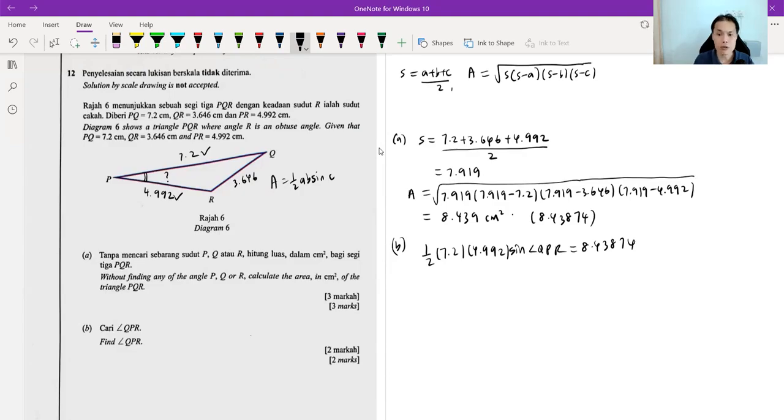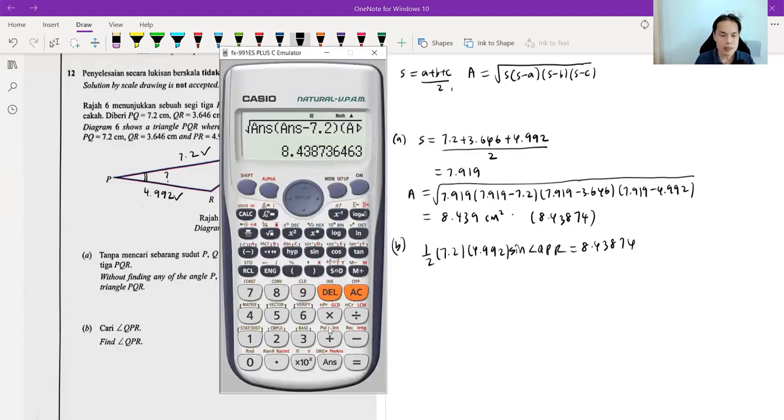If you take 8.439, I think it's good enough. So I'm going to take this answer, multiply by 2, divide by 7.2, divide by 4.992, press equals. Now, don't write the answer down first. Immediately use your calculator, shift, sine, answer, equals. That would be the most accurate answer, right? 28.01.